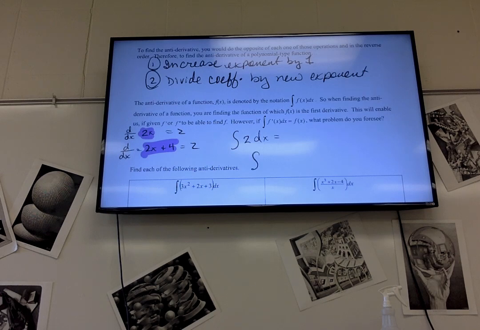The integral, that's a term, the antiderivative of f prime of x dx is f of x, so what you have to start with, plus Chuck. It's the constant of integration, but we call it Chuck.